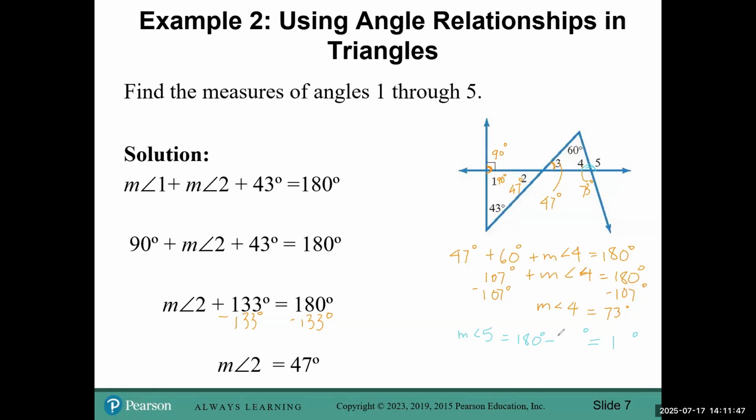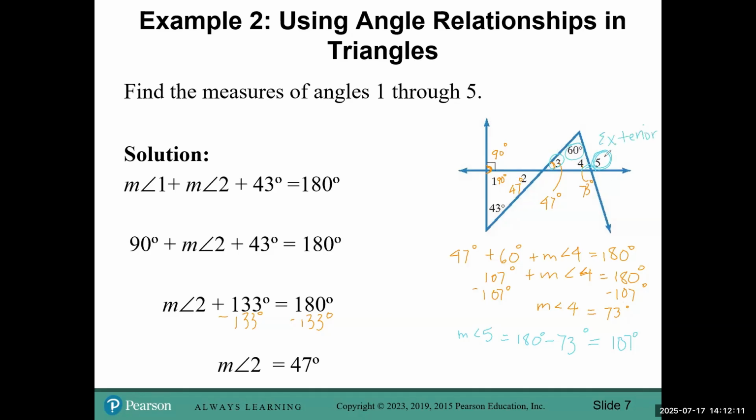All right, and then here we had 180 minus 73, which gives us exactly what those two angles added up to, 107 degrees. And we actually have a theorem that tells us that. So this angle here has the same measure as the sum of these two angles. Anytime we have a triangle, we call this an exterior angle.